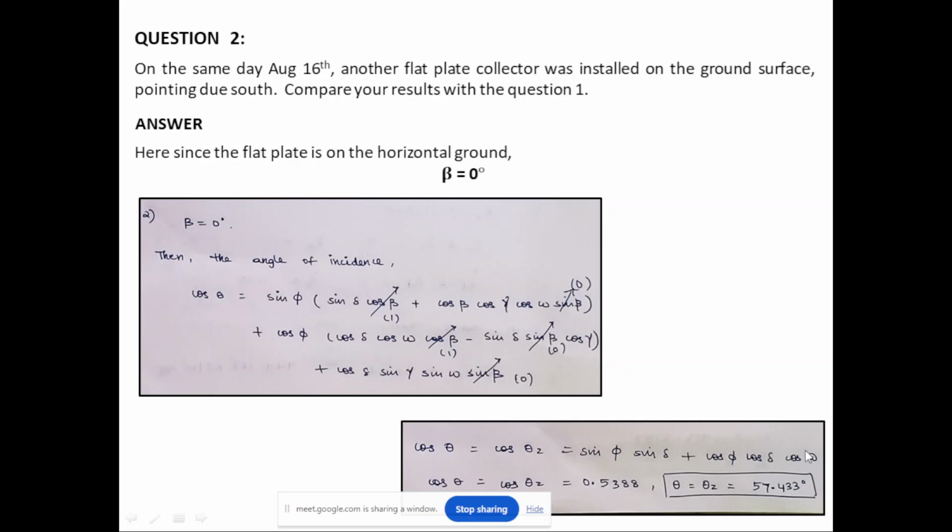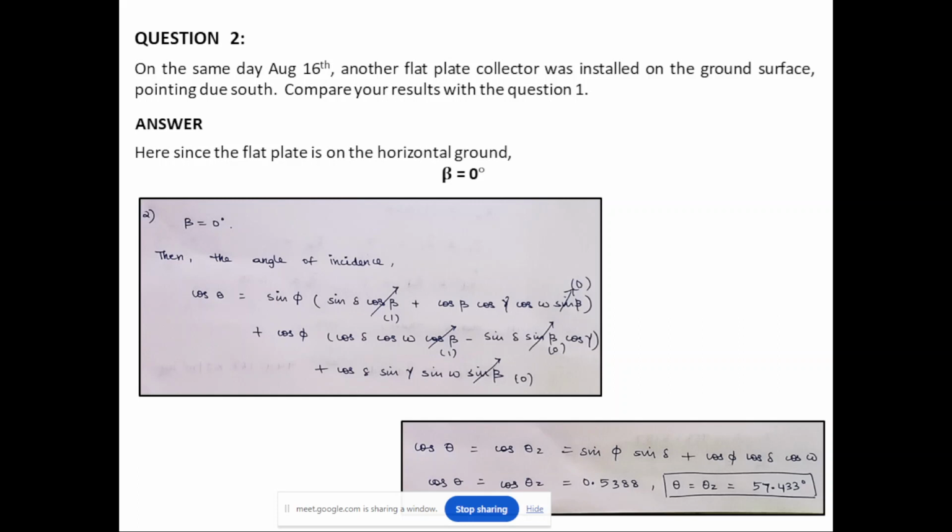If you see this equation, this is the same as what we did for the previous example, the zenith angle. When your beta becomes 0, that means your normal to the surface will be like this, and then the sun's radiation will be this.